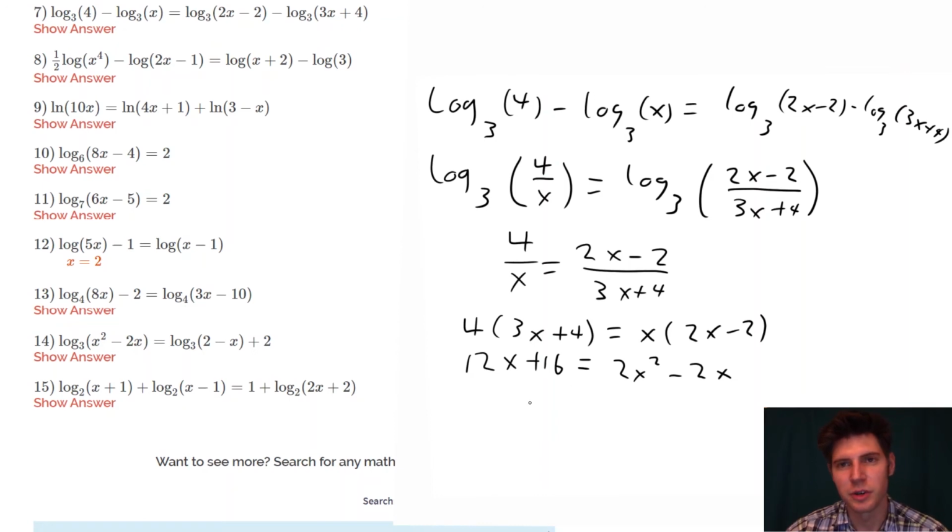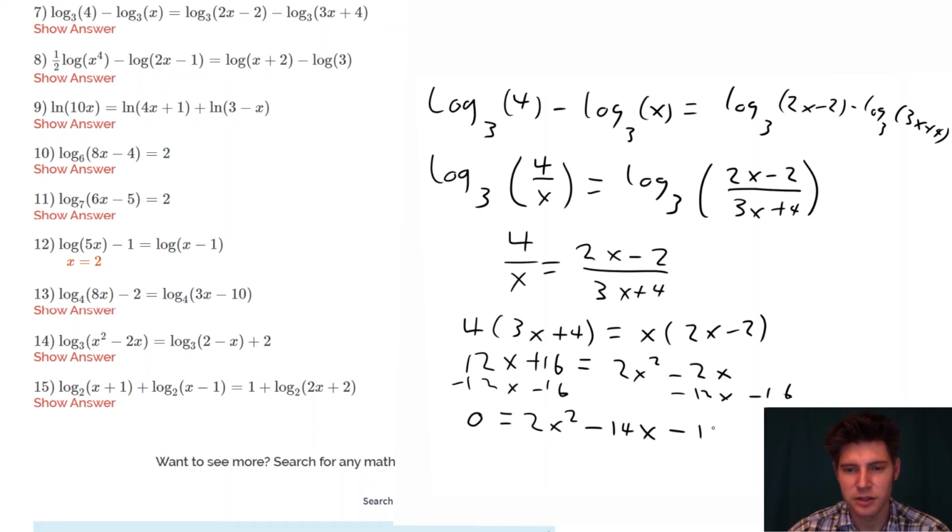I'll move everything to one side and set it equal to 0. So minus 12x minus 16, minus 12x minus 16. We get 0 equals 2x squared minus 14x minus 16. Then we can divide both sides by 2. So that gives us x squared minus 7x minus 8.